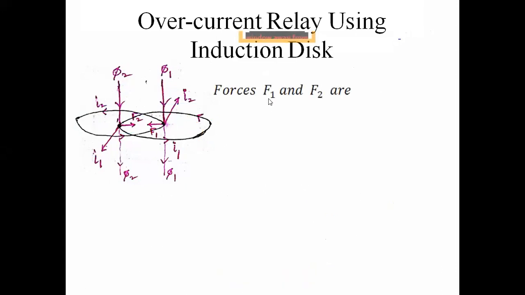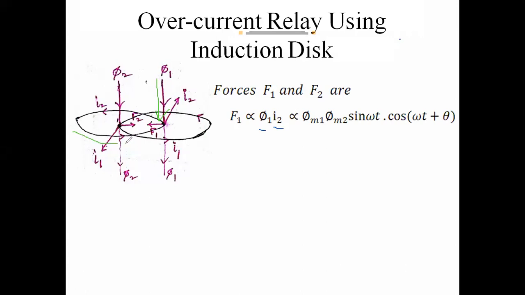Now, forces F1 and F2. Force F1 is produced due to flux phi 1 and current I2. Flux phi 1 cuts the disc, and the eddy current I2 is produced by the second flux. This is the direction of current I2, downward, for phi 1.